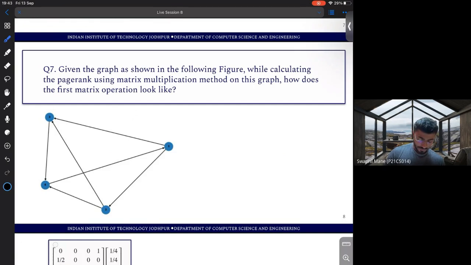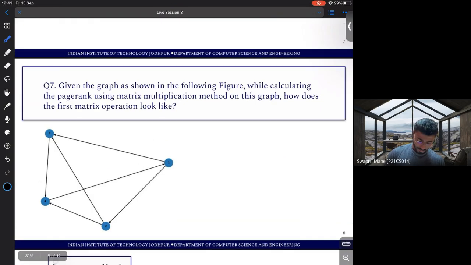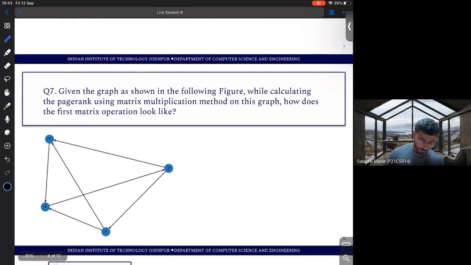Given the graph as shown in the following figure, calculating the page rank using the matrix multiplication method on this graph, how does the first matrix operation look? As we have seen, we take a matrix that represents a graph.